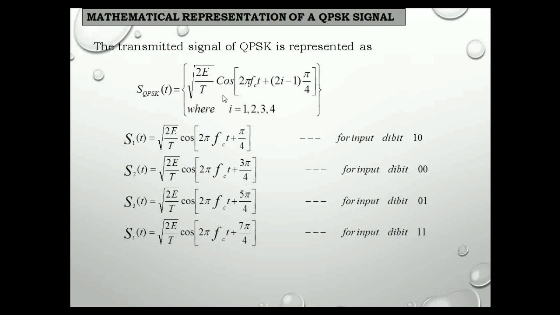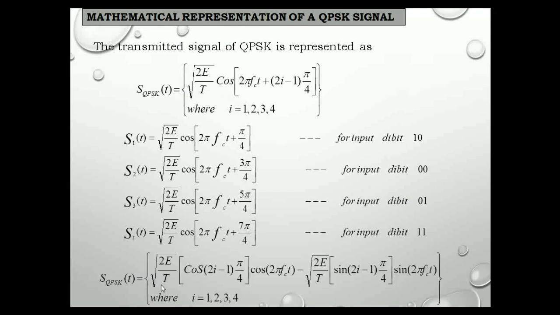So in this equation, apply the formula for cos A plus B. So we get SQPSK of t as equal to square root of 2E divided by T cos (2i minus 1) times pi by 4 cos 2 pi fct minus square root of 2E divided by T sin (2i minus 1) times pi by 4 sin 2 pi fct.